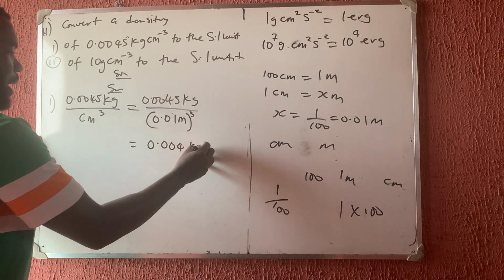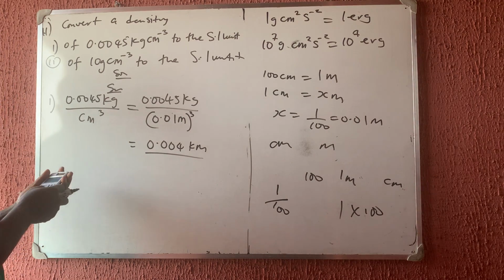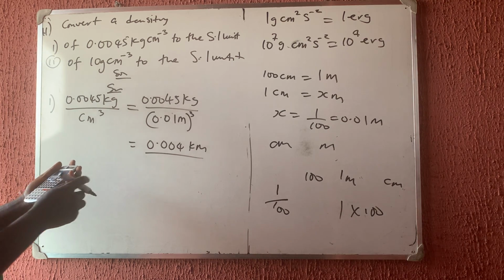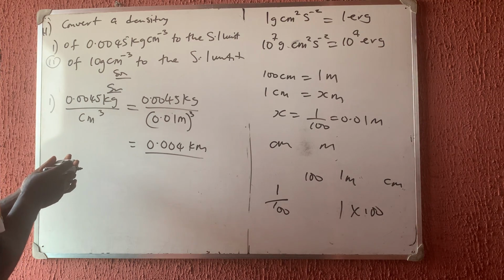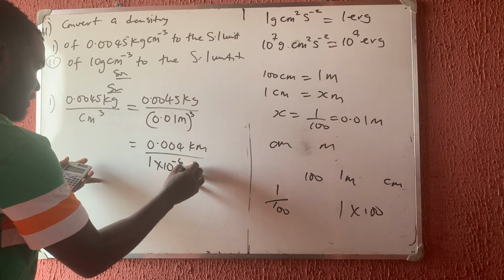So this will give you 0.0045 kilogram all over 0.01, that is 1 divided by 100, raised to power 3. So I'm having 1 times 10 raised to power minus 6 in meter cube.